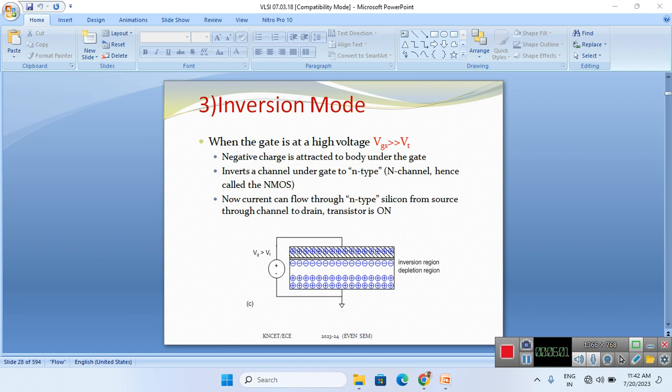But in the same body we have the minority charge carriers, the electrons. The electrons will be attracted by the gate potential and gather beneath the gate. These minority charge carriers act like a channel between the source and drain, which is called the inversion mode.